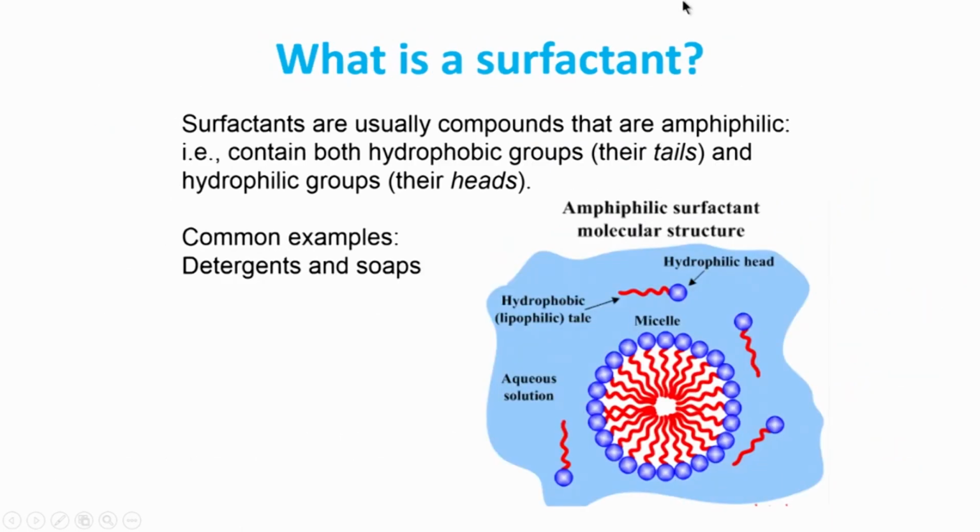So let us talk about a surfactant as well, which is going to be important in this discussion. Surfactants are usually compounds that are amphiphilic. We basically talked about surfactants when we talked about micelles. Essentially they have a polar head group and a hydrophobic tail.